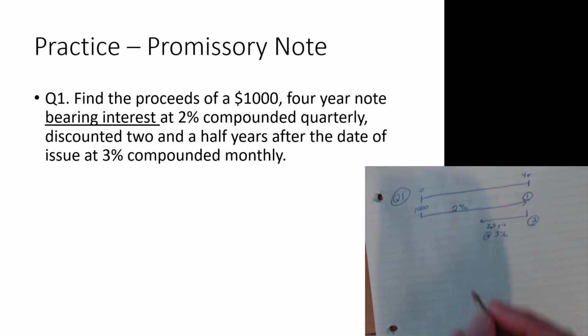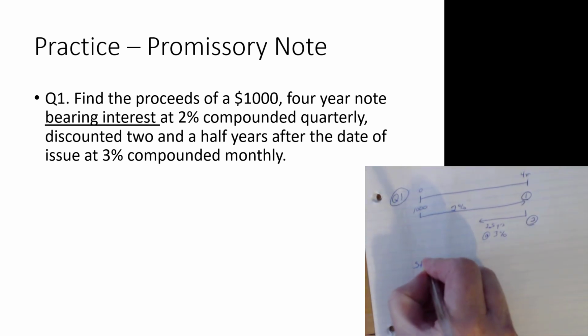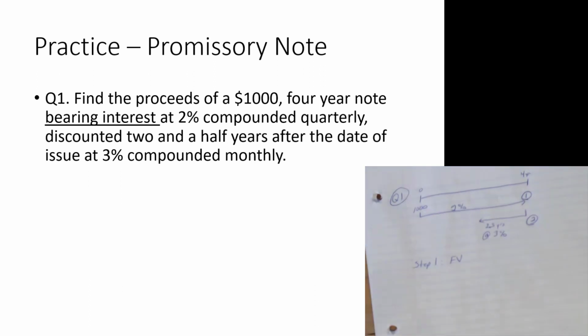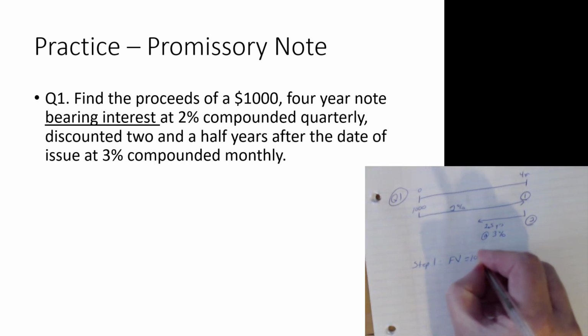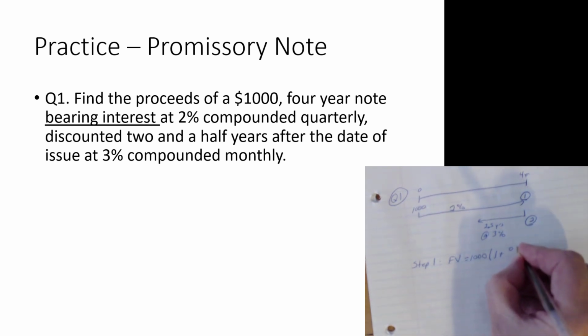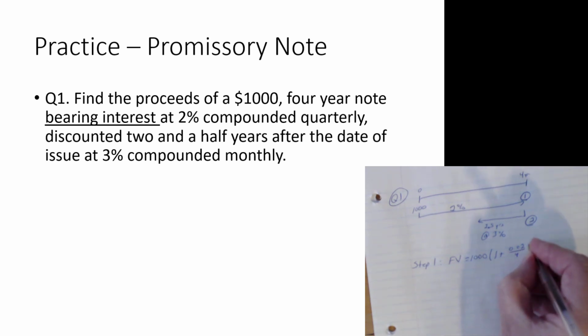Okay. So step 1 for us, let's find that maturity value or that future value. So once we know what we're doing, we just follow it along, right? Future value, present value. This is just plug and play formula time here. Okay, we started off with the $1,000. 1 plus the 2% interest, and that one was compounded quarterly, so divide by 4.